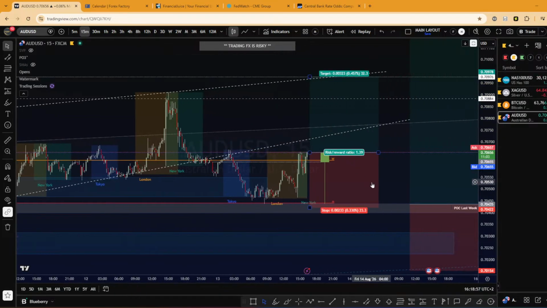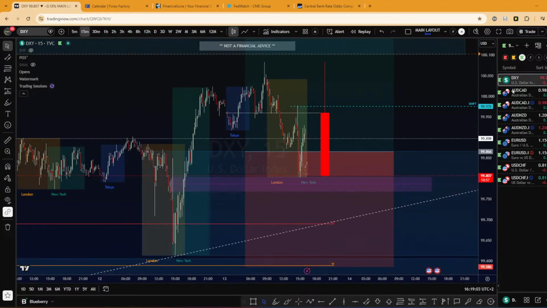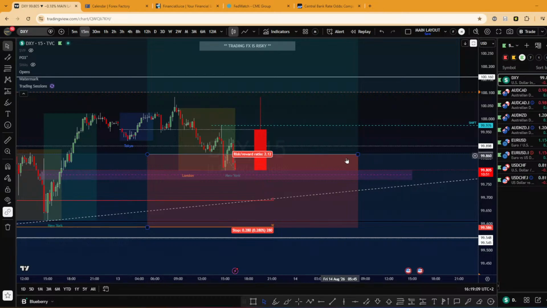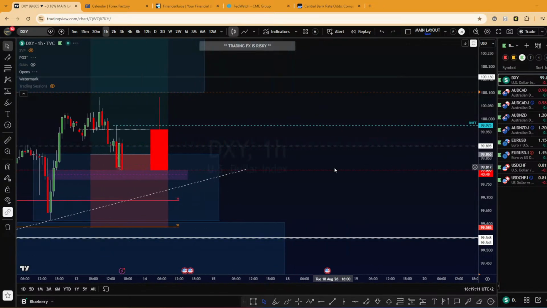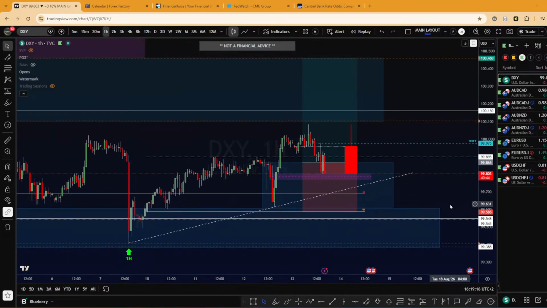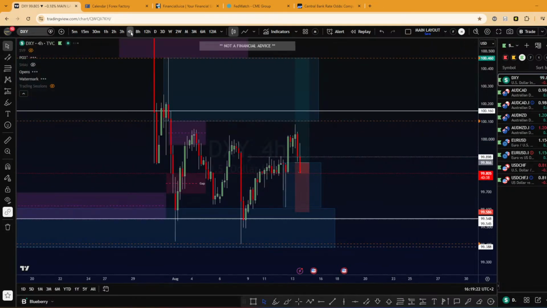The Aussie dollar is looking great, I'm not gonna lie, Aussie dollar is looking great right now, but the dollar is dropping. Oh my goodness. I don't want to hedge. Damn.